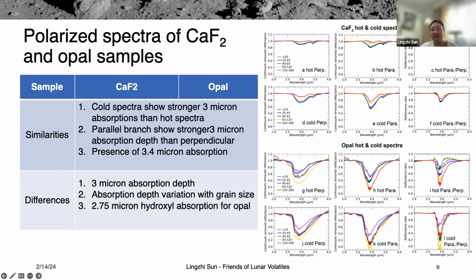But if you look at the opal sample, it's the opposite. The smaller grain sizes have smaller absorption depths, and the larger grain sizes have stronger absorption depths. And also, for opal, we see this absorption near 2.223, and also this 2.75 hydroxyl absorption, which might be more obvious in this one.